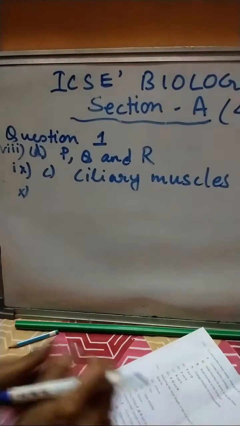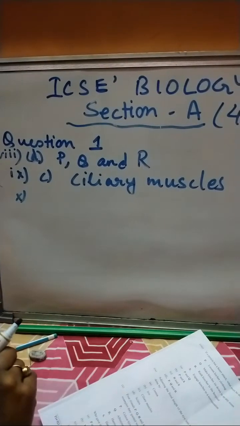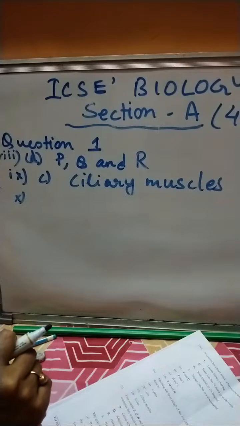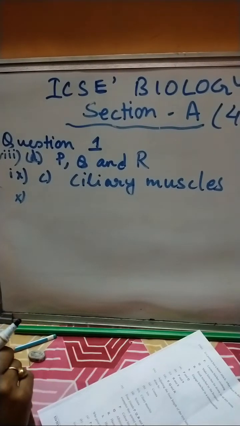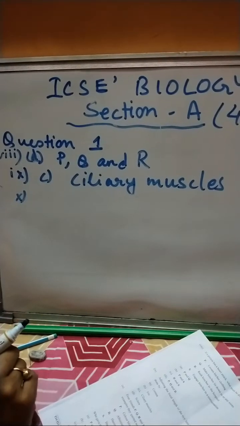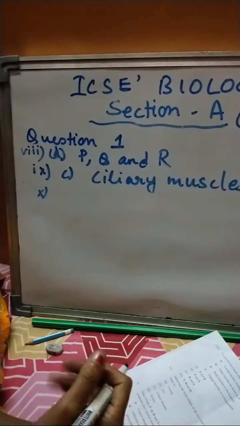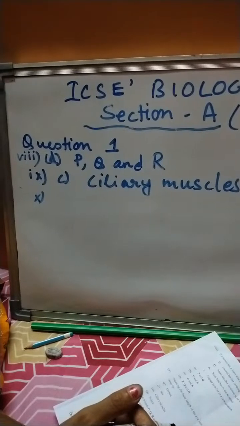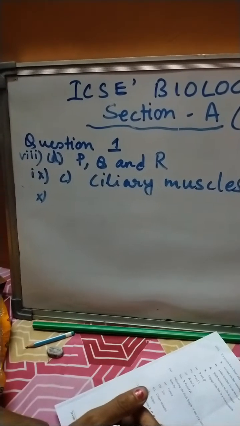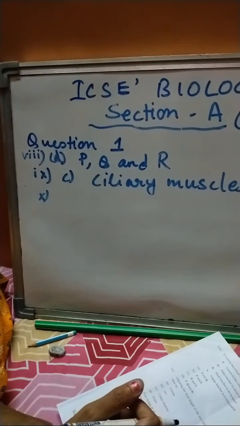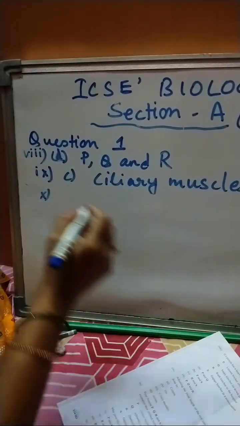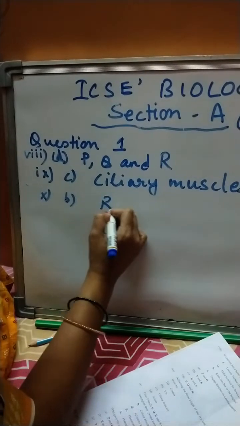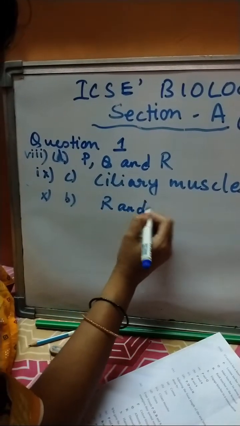Now we know that color blindness, hemophilia and albinism are genetic disorders, but malaria and cholera are not. So what could be the correct answer? The answer would be R and S, as hemophilia and color blindness, hemophilia and albinism, both are correct. So we'll go with choice number B, that is R and S.